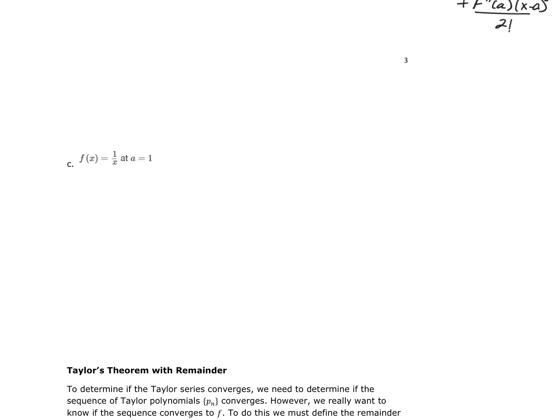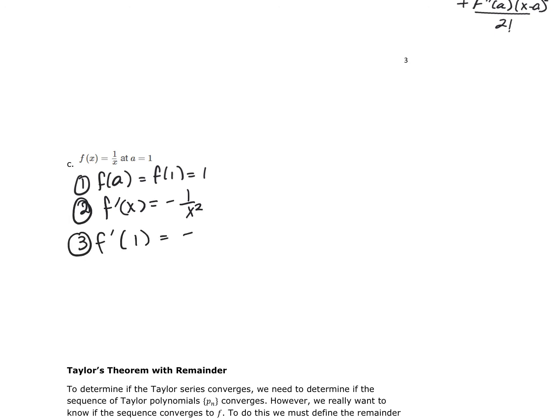So once again, I'm going to need my f of a, which is f of 1, which is 1. I'm going to need my first derivative, so f prime of x, which is going to give me negative 1 over x squared. F prime of 1 is going to give me negative 1. I need the next derivative, so f double prime of x, which is going to give me negative 2 over negative, so it's positive 2 over x cubed. F double prime of 1 is going to give me 2.